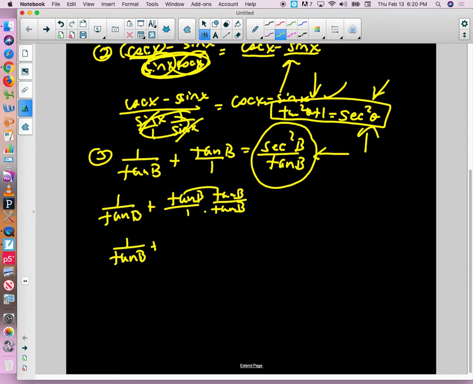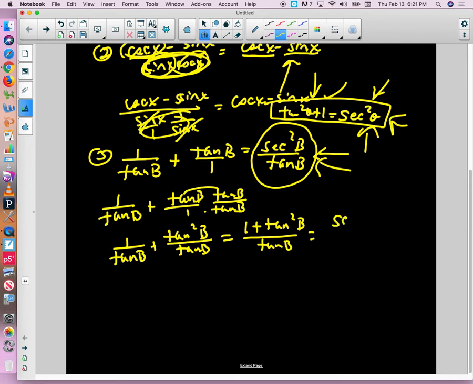The second fraction becomes tangent times tangent, which is tangent squared over tangent. Keeping an eye on what I want. So that gives me the ability to say 1 plus tangent squared over tangent. And then I'm done. Got to know your identities. That gives me secant squared over tangent. And I'm finished as soon as I get what I was looking for.